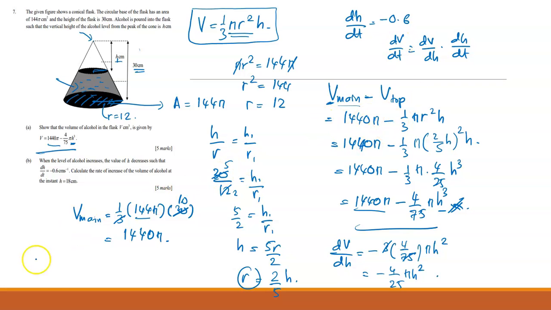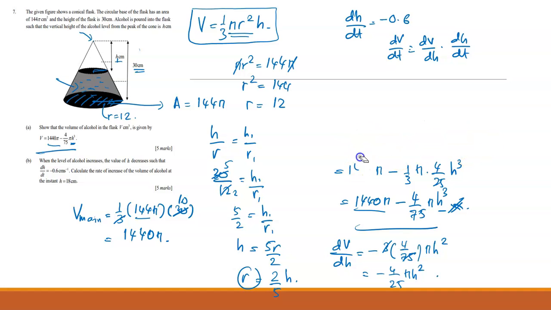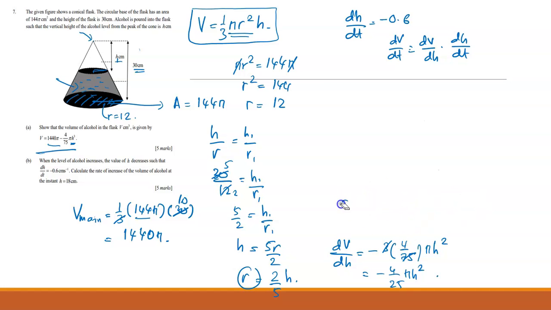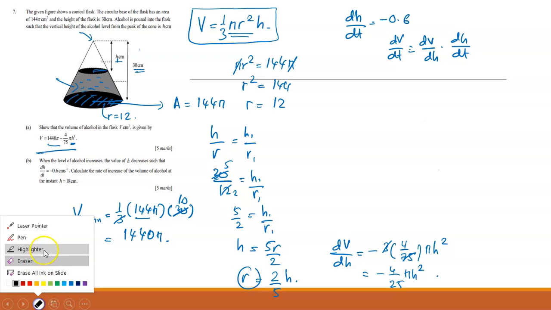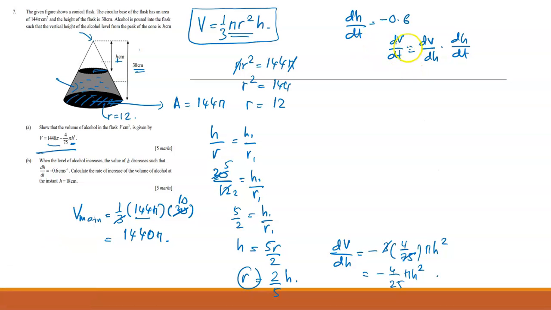Okay, class, I'm going to clear this. So dV/dt equals dV/dh times dh/dt. dV/dh is negative 4 over 25 pi h squared.